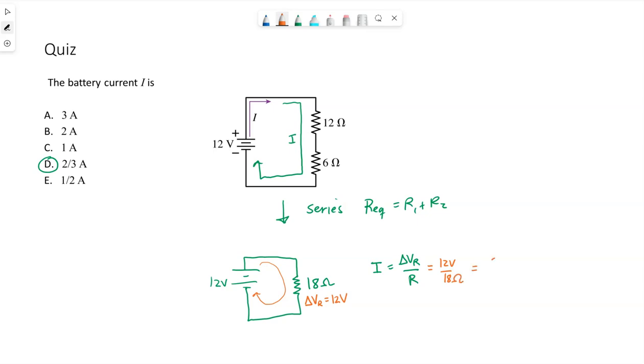Let's see, 6 goes into there. So 2/3 of an amp would be flowing out of the battery through both resistors and back into the battery. So the current depends upon the battery voltage and the equivalent resistance.